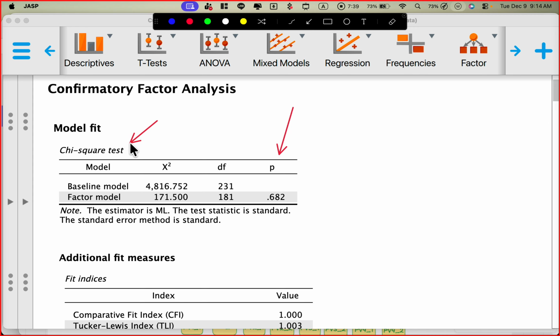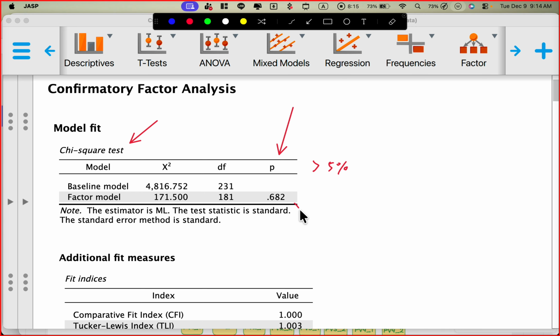Because it is for chi-square test, so we need to interpret the p-value. What does it mean? I think p-value was upper than 0.5. So p-value has to be greater or less than 5%? Greater than 0.5, right?